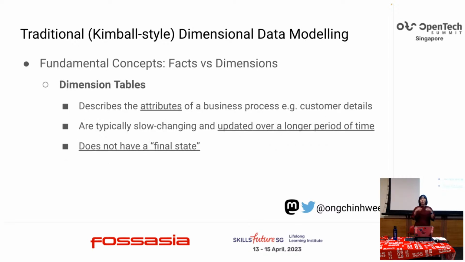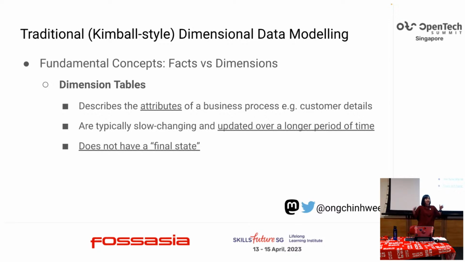Dimension tables, however, describe the attributes of a business process. So it could be your customer details. And they are typically slow changing and updated over a longer period of time. Maybe you know that your customer is going to be age 30 this year and age 31 next year, but you don't know whether your customer is going to upgrade from tier 2 to tier 1 or is going to get married or get divorced.